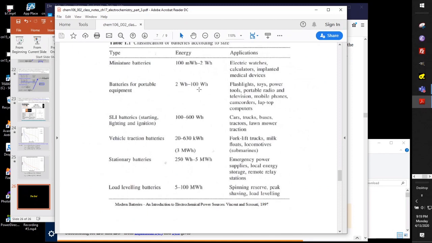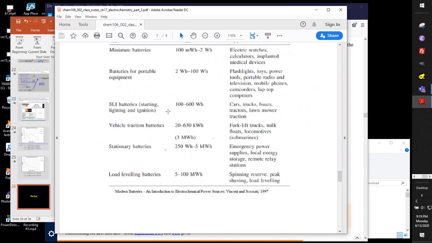If we go to watt hours, that would be batteries for portable equipment like flashlights, toys, laptops, camcorders, cameras, and stuff like that. If we go to watt hours, that would be a battery that could start a car or a lawnmower. And then an electric vehicle battery would be kilowatt hours.